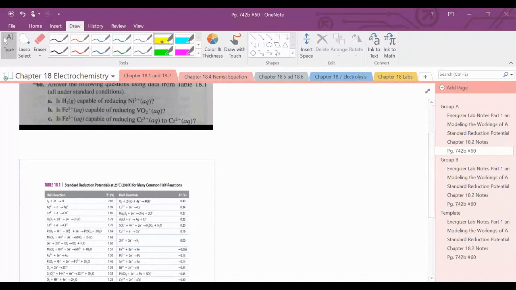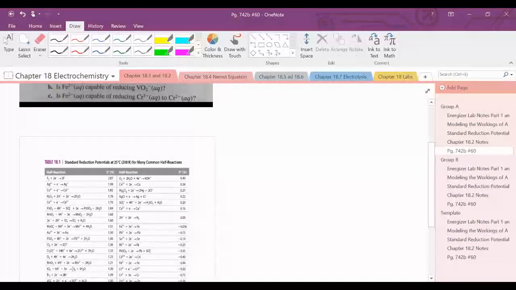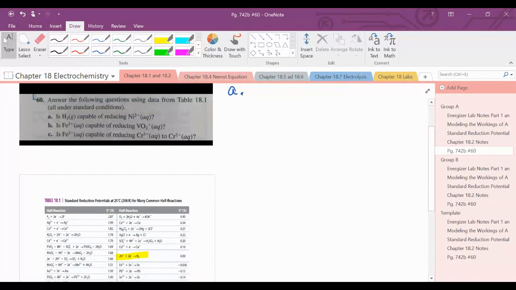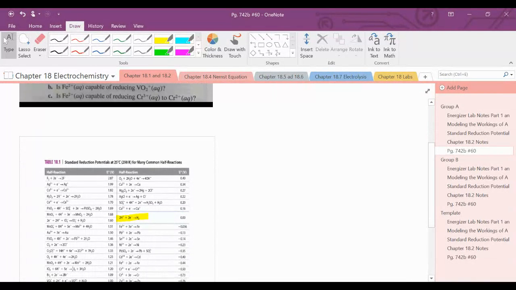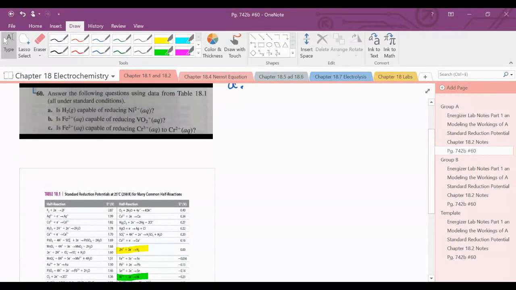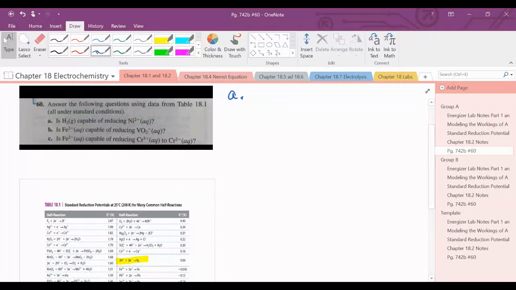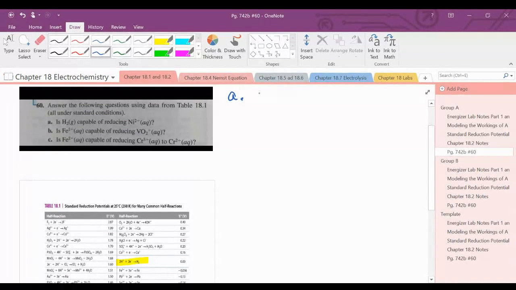So let's look on our table. Here is the reaction for hydrogen gas, and for the nickel 2 plus, it's here. In order for this to be true, nickel undergoing reduction would have to be higher than hydrogen, and it is not higher. So for A, hydrogen is not capable of reducing nickel, so this is a no.